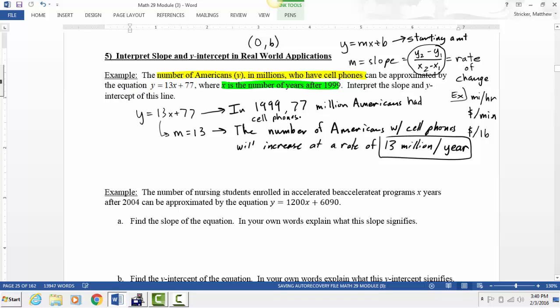In 1999, 77 million Americans had cell phones, and then it increased at 13 million a year. So if you add 13 to 77, that means in 2000 there's 90 million, and so on. It keeps going.